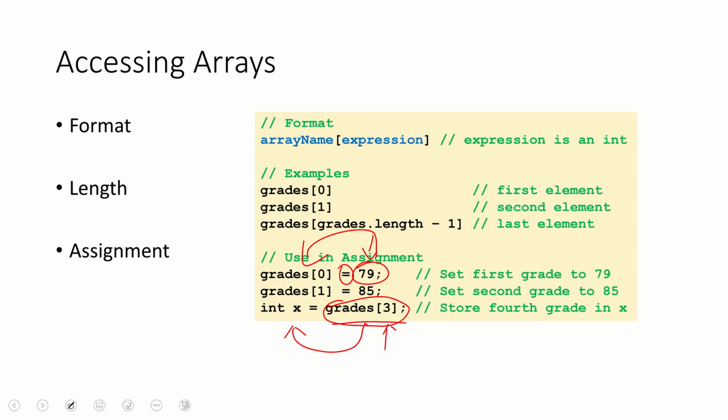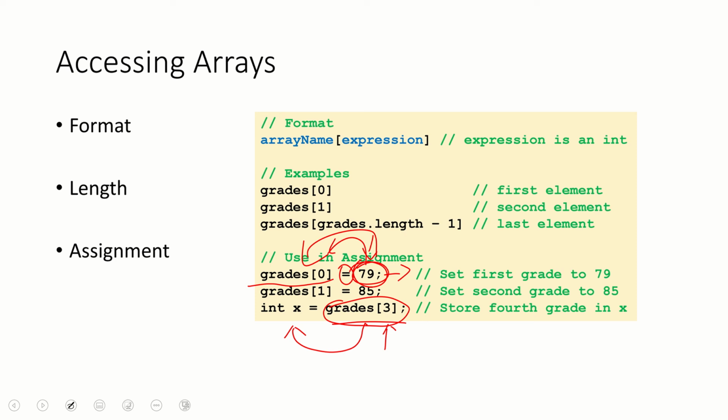There are some things you have to remember and be aware of. First, the value you assign to the element has to be consistent with the data type of the array.